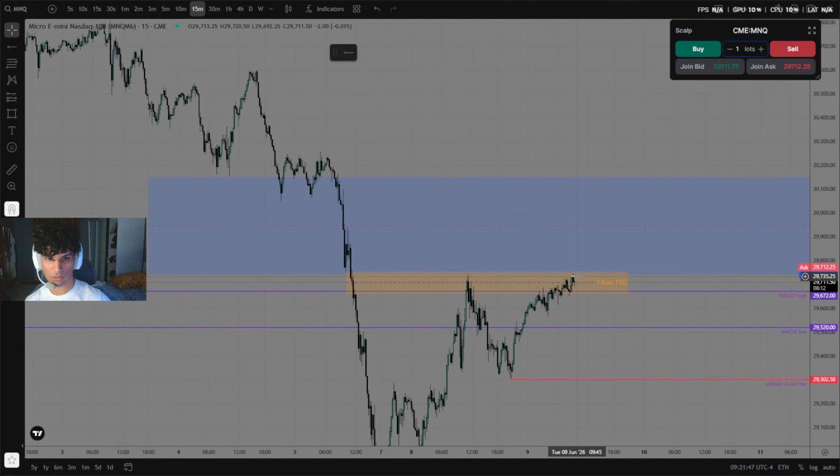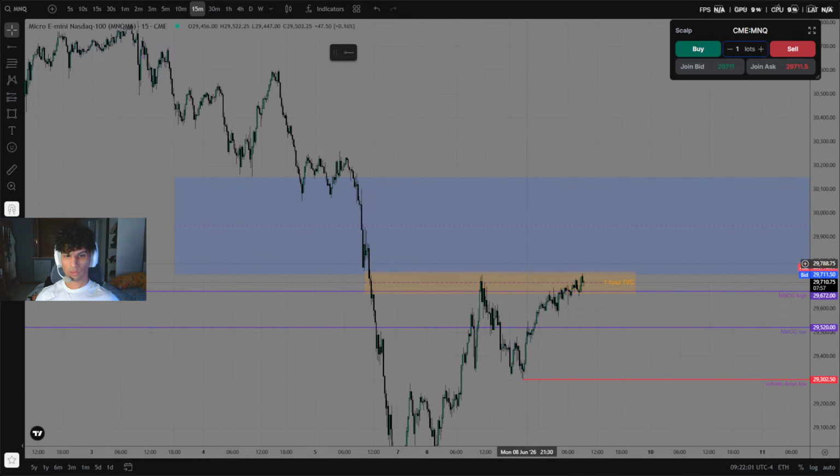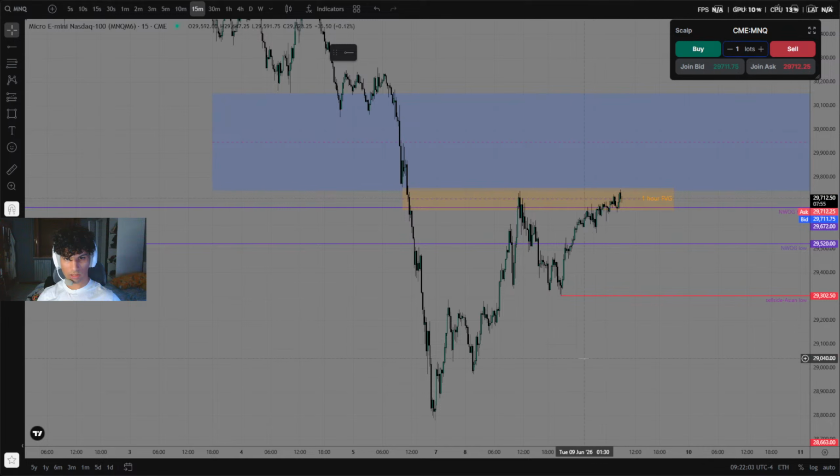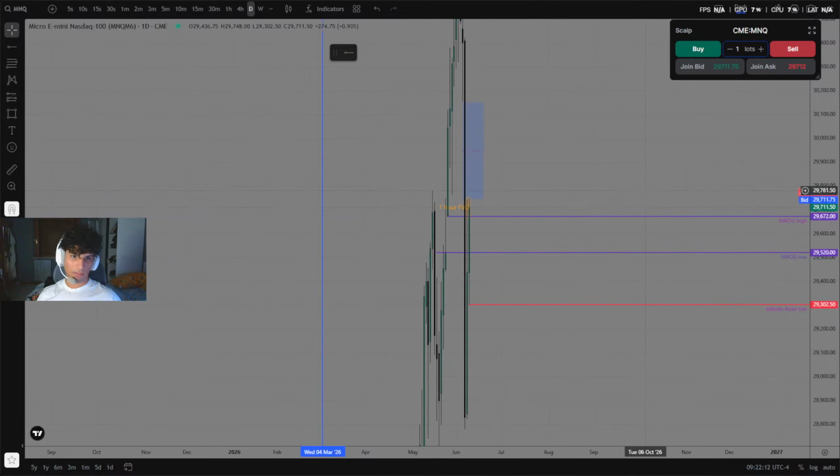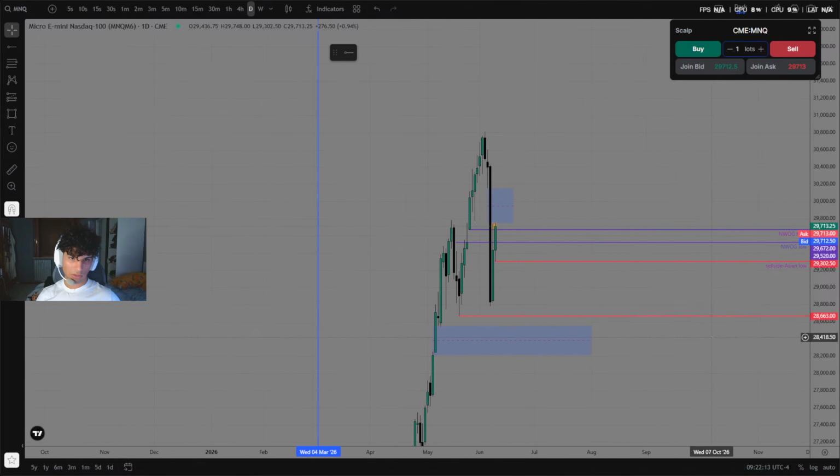But if he just continues and goes fast to the upside, I'm more willing to take longs. So if he respects this 1 hour fair value gap and stays in the lower half of this, yes.